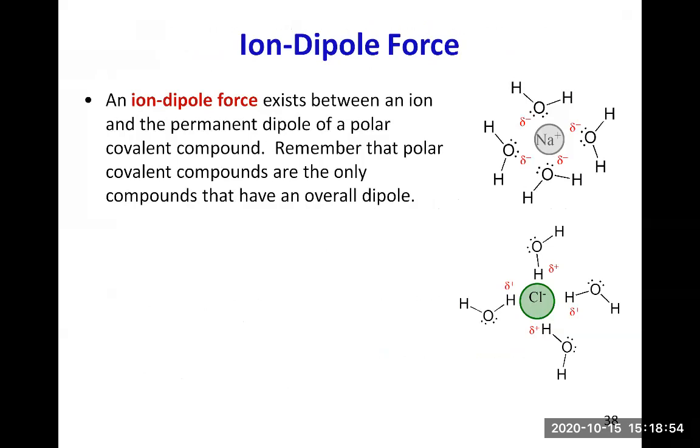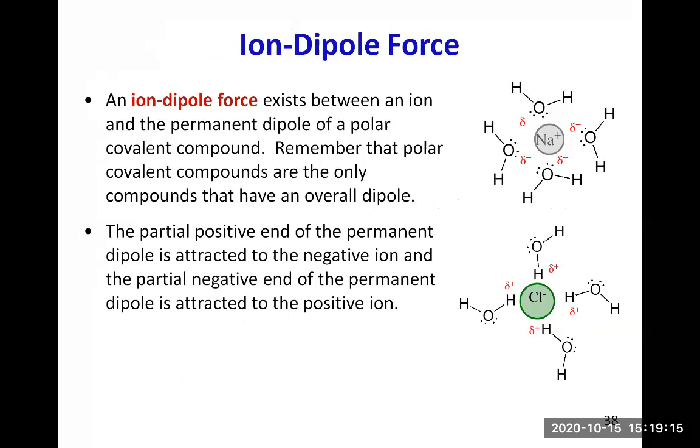An ion-dipole force exists between an ion and the permanent dipole of a polar covalent molecule or compound. Remember that polar covalent compounds are the only compounds that have an overall dipole. A dipole is only for polar molecules.